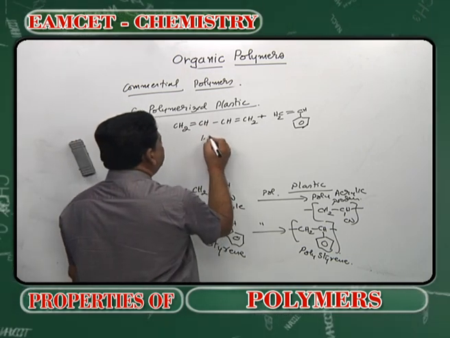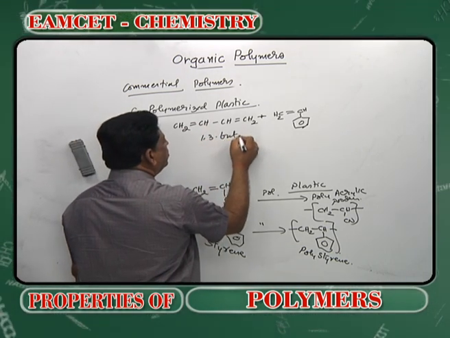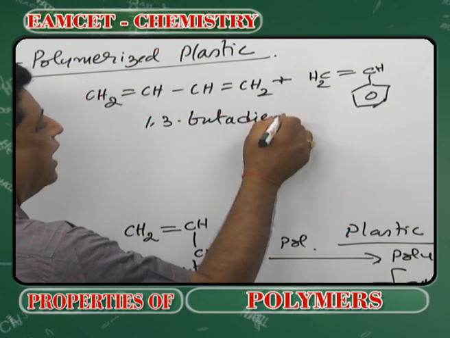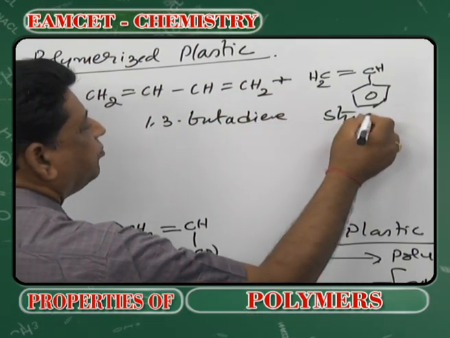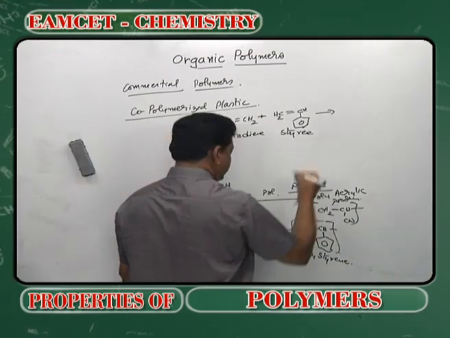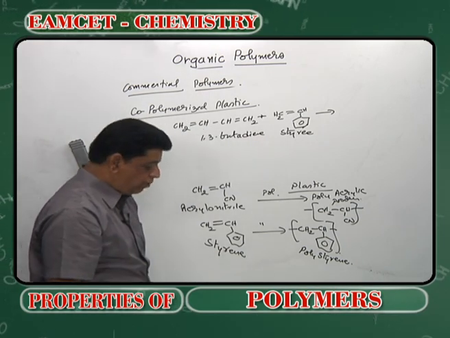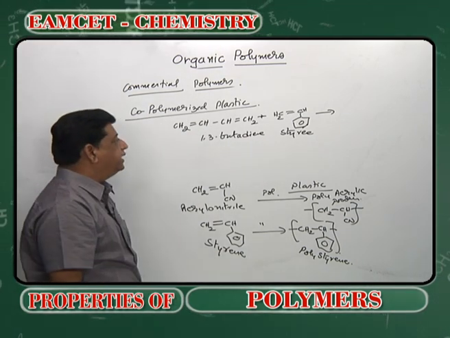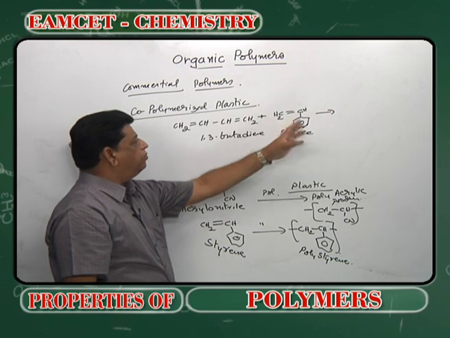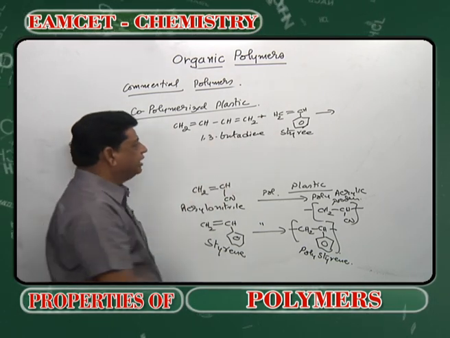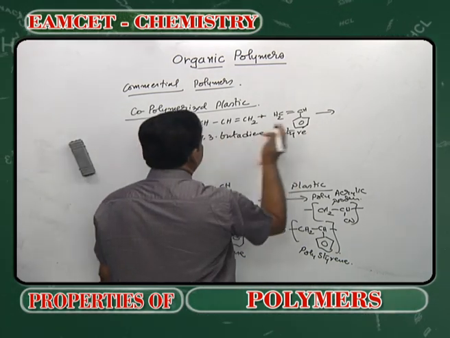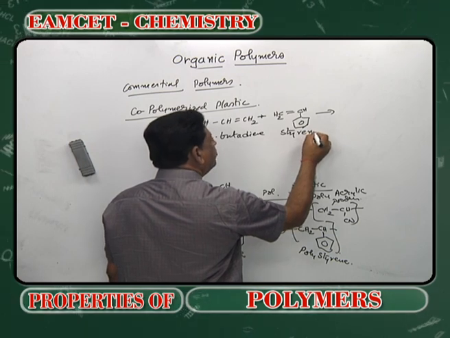One is 1,3-butadiene, the other one is styrene. Both undergo copolymerization. While copolymerizing, we have some problems here. Sometimes 100 molecules of styrene at a time, and then 100 molecules of 1,3-butadiene also may come.